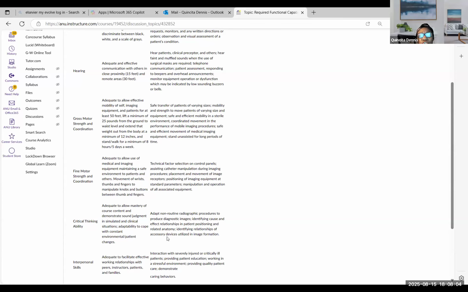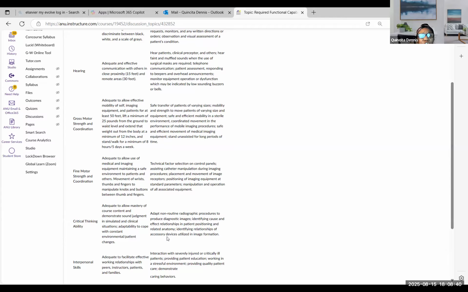This gross motor strength and coordination is going to allow you to safely transfer your patients, meaning maybe you need to help them transfer from a wheelchair to the table or from a stretcher to the table. All of that requires strength, and of course, your patients will come in various sizes. You will also sometimes find yourself alone, no one around. You're the only person, and you have to figure out the best way to get this patient's image. That's where the gross motor skills come in.